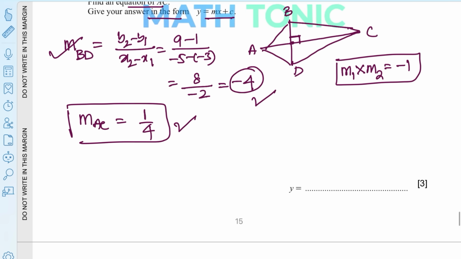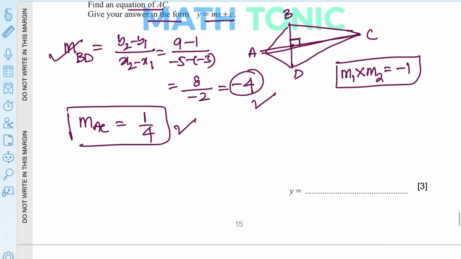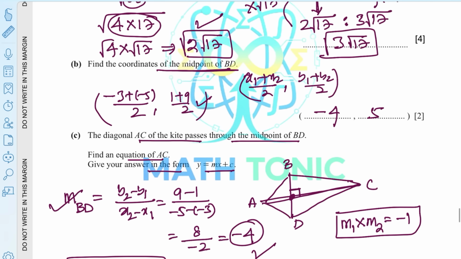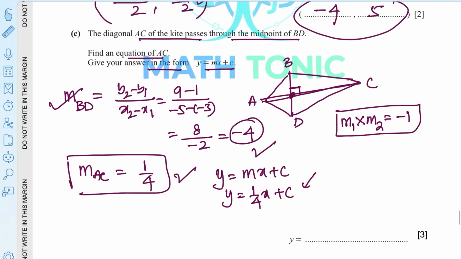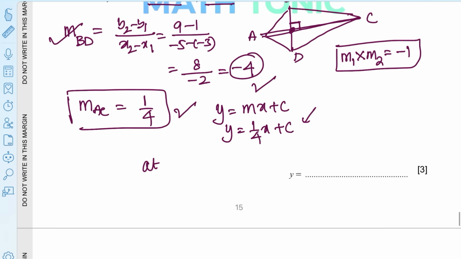Clear? Okay. Now for AC, the general equation of a line is y equals mx plus c. So with the gradient, y equals 1 over 4x plus c. To find the value of c, we'll take the help of the point through which it is passing. This is the midpoint, and it passes through the midpoint as per the question, which is minus 4 and 5. So at minus 4 and 5, if I replace y by 5 and x by minus 4, 5 equals 1 over 4 times minus 4 plus c.